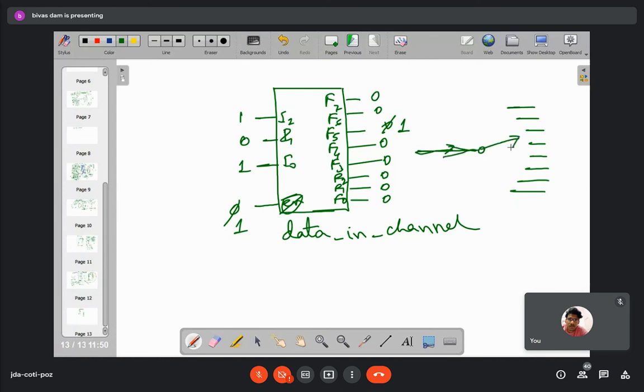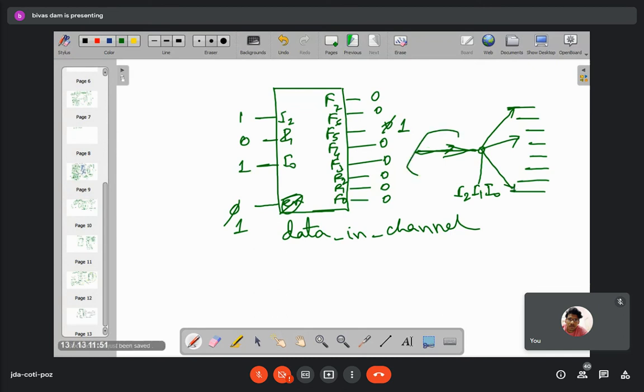Here I have one pointer, and here I have the control pattern. This is your I2, I1, I0. Depending on the control pattern, this pointer will point to one of these 8. If this I2, I1, I0 is 7, it will get connected here. If this is 0, it will get connected here.